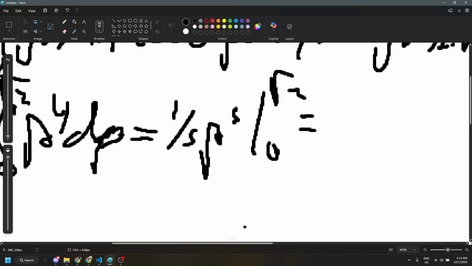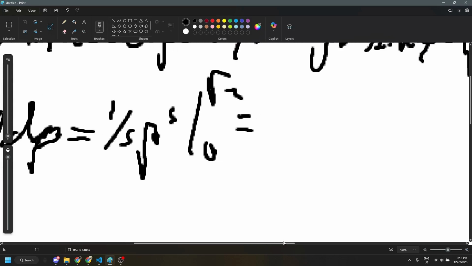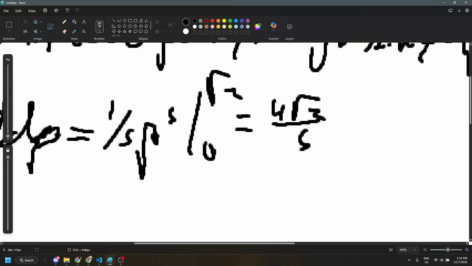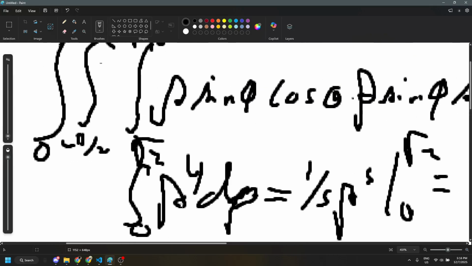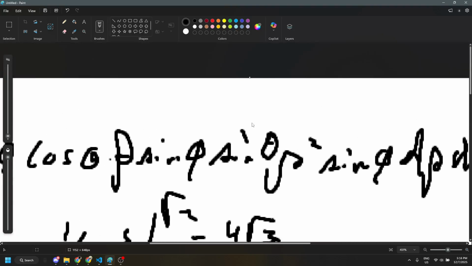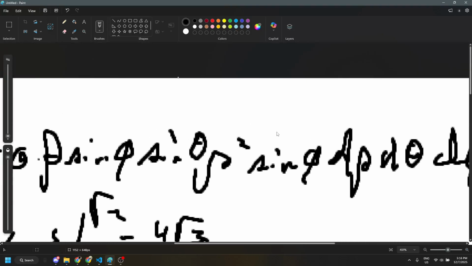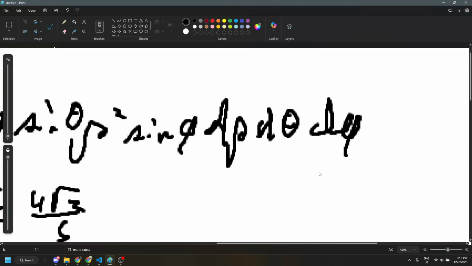So this gives us 4 root 2 over 5. Okay, now time for theta.